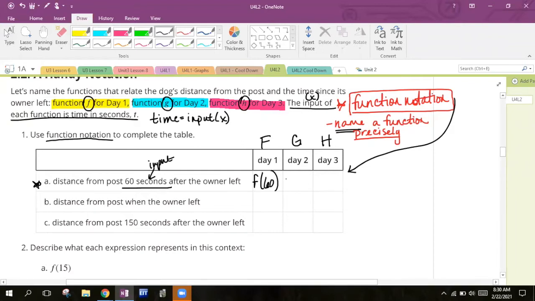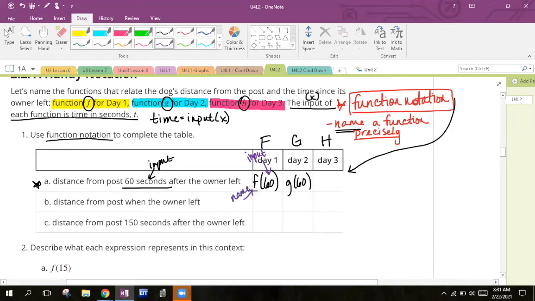So let's keep going. All right, so for day 2, if we wanted to write the distance from the post 60 seconds after the owner left, how would we write that? G and then the parentheses 60. Yep. Okay, anytime you're writing a function and you have these parentheses right here, the input always goes on the inside of those parentheses. Okay, you have the name of your function here.